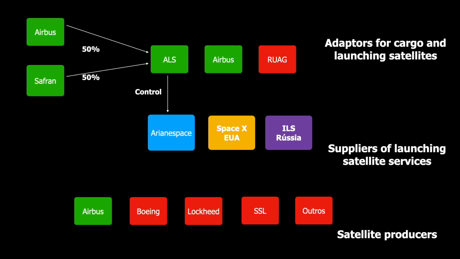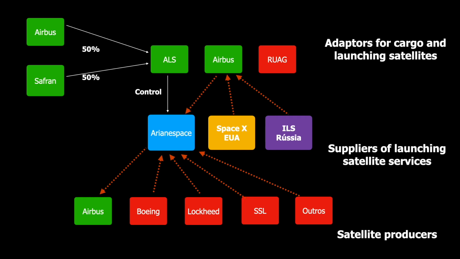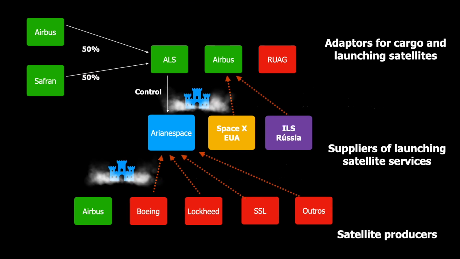The Commission identified the risk that Arianespace would transmit to Airbus confidential information on competing satellite producers using its launching services. On the other hand, since Airbus and ALS supply cargo and launch adapters to other providers of satellite launch services, vertical integration could allow Arianespace to gain commercially sensitive information on its competitors.